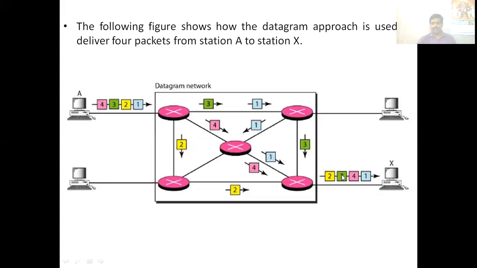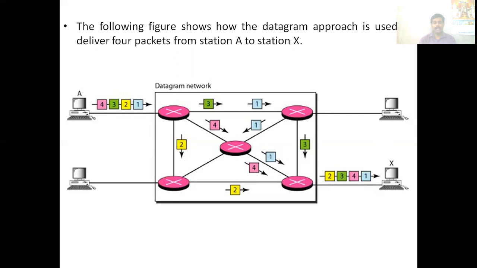Now I am showing an example of a datagram network. This is a datagram network. Here A and X are the end systems, and these are the switches. Here you are dividing the data into 4 units. The name of that unit is datagram: 4, 3, 2, 1.